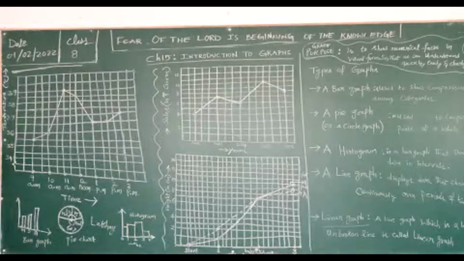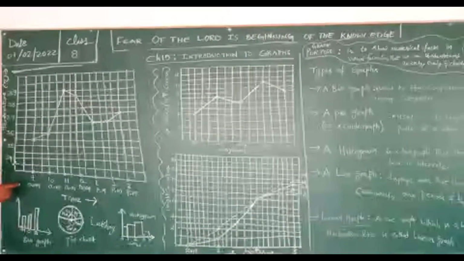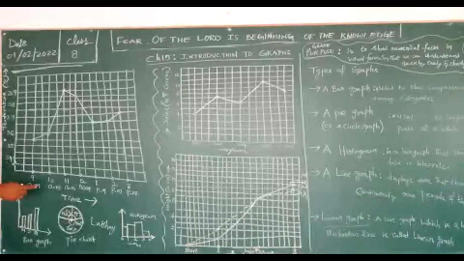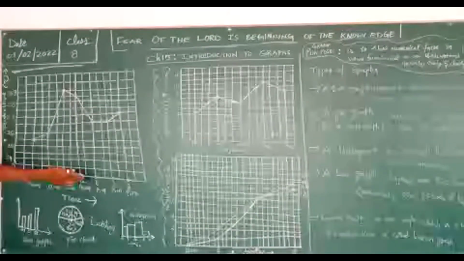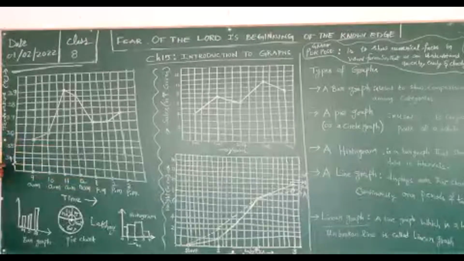Anyhow, when we are solving these problems, you will understand, it is not a big issue. Let's move on to exercise number 15.1. They gave this graph. The x-axis represents the timing: 9 a.m., 10 a.m., 11 a.m., 12 noon, 1 p.m., 2 p.m., 3 p.m. And the y-axis represents the temperature: 34, 35, 36, 37, 38, 39.